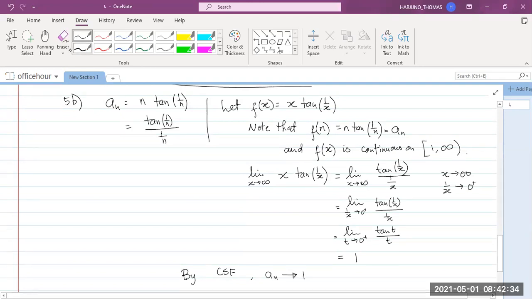Maybe to be more precise, a sub n, which is n tangent 1 over n, converges to 1.